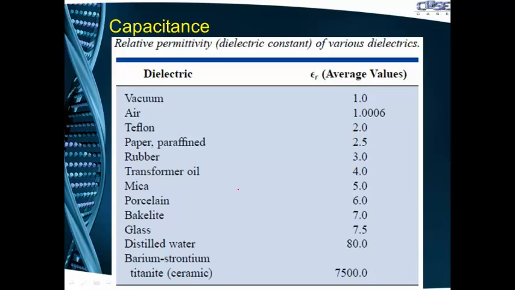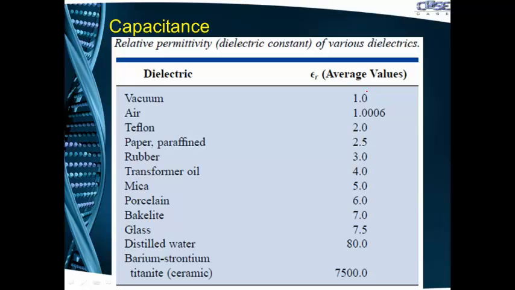So in this table we are given the average values of the relative permittivity for various dielectric materials, corresponding to free space, that is vacuum.